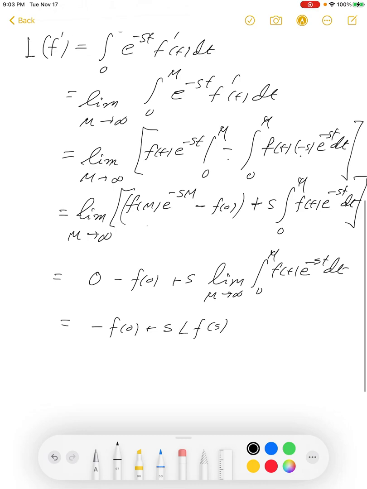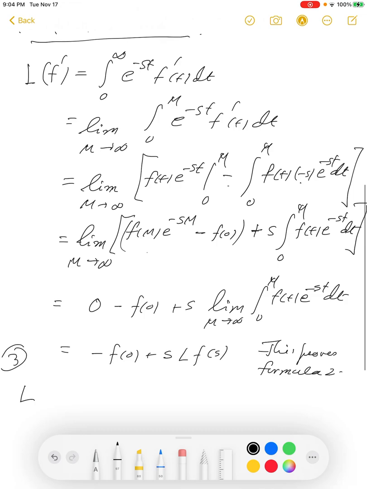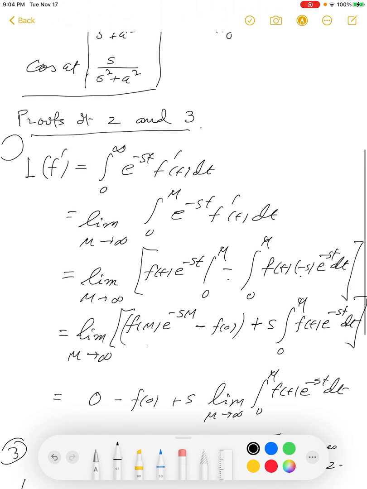So that's the proof of 2. This proves formula 2.